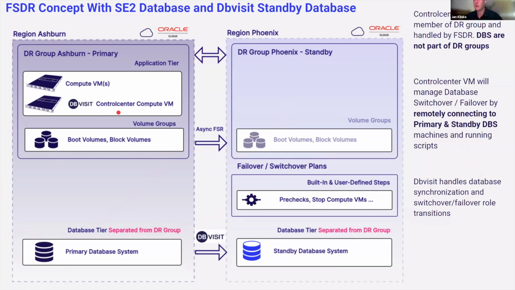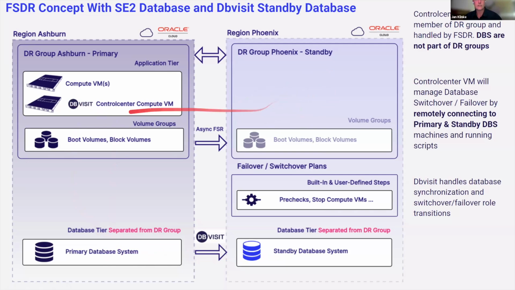Control Center is a centralized management component which orchestrates the synchronization between primary and standby database and also orchestrates the failover and switchover. And so what will happen in the event of switchover or failover is that this Control Center VM, as a part of the DR group, will be migrated to the standby region.